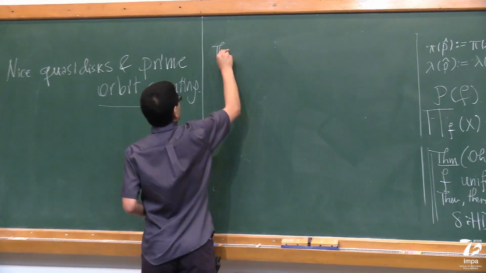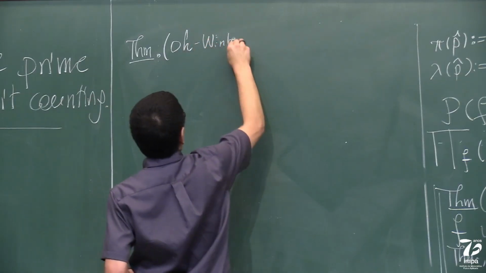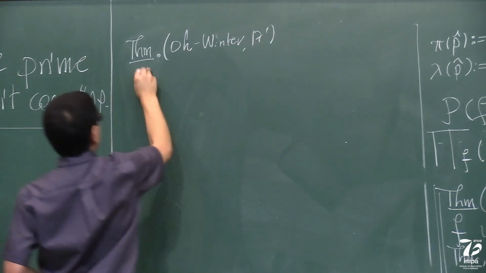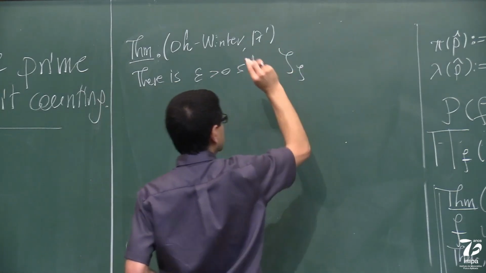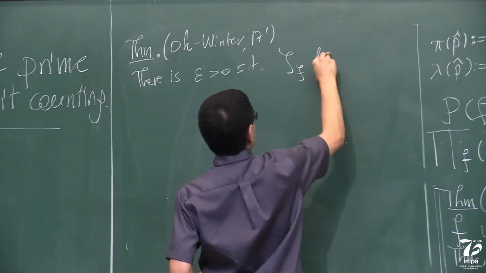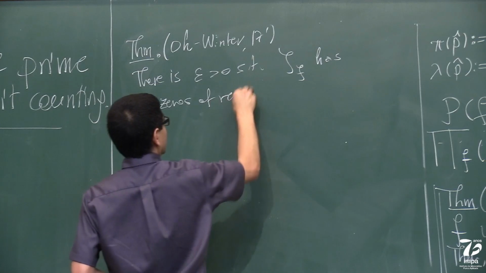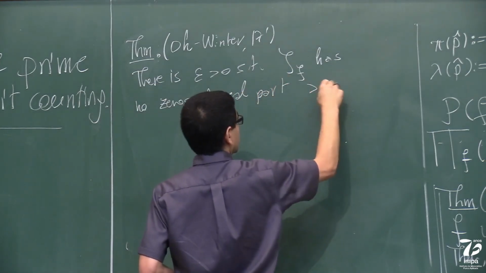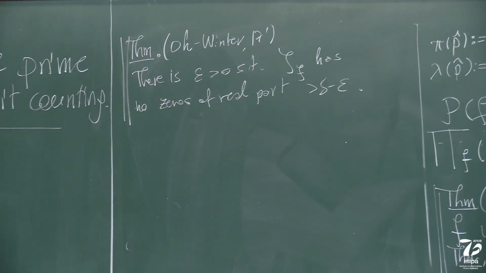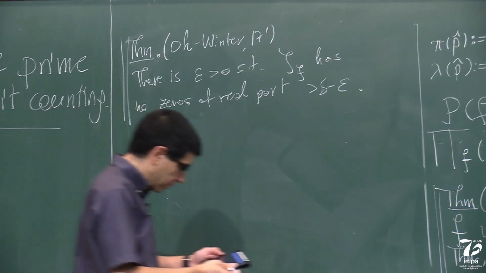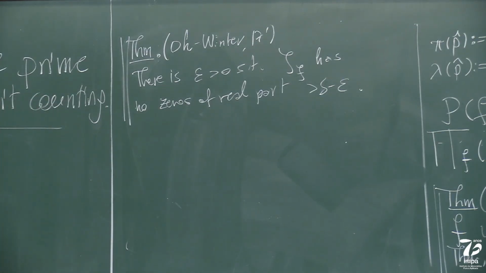So the heart of the work is showing that there is epsilon so that the Ruelle zeta function has no zeros of real part bigger than delta minus epsilon. So by this classical argument from number theory, you get the error estimate following the approach by Pollicott and Sharp.